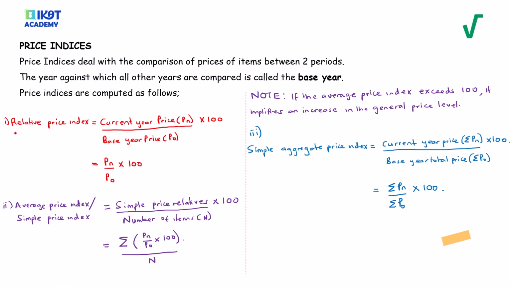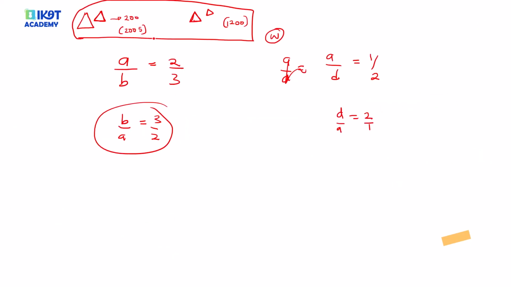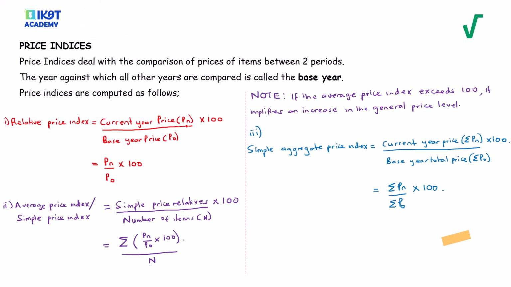The relative price index, or the price relative, is the price in the current year out of the price in the base year. So for the example that we had, it would be the price in the current year, in this case 2025, depending on whichever year you're in, out of the price in the base year, times 100. Hope this makes sense. So the current year price out of the base year price times 100 is the relative price index.